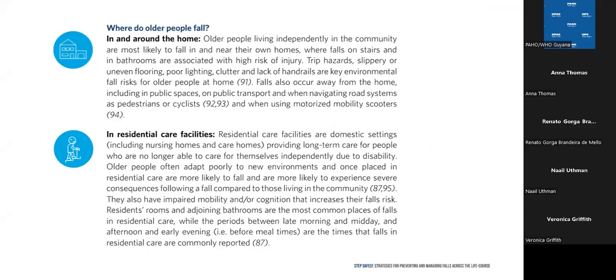And it is important to say that older people usually fall inside their homes. It's counterintuitive, but that's what happens. Older people usually fall inside their own home or in residential care facilities.